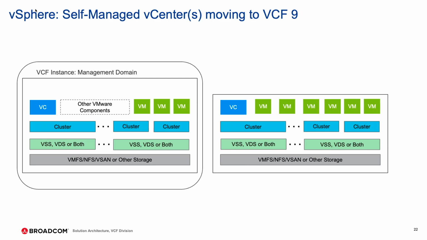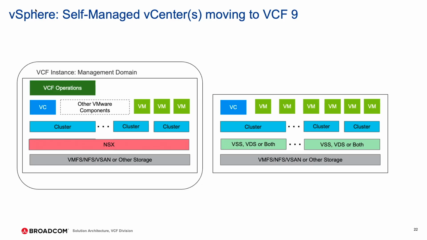Because we are thinking about VCF as the overall private cloud itself, we want to make sure that you have NSX. Even if you don't want to use it, you have it, and it gets installed behind the scenes so that it gives you the networking capabilities that you might require for subsequent workloads. So that's the first thing that happens.